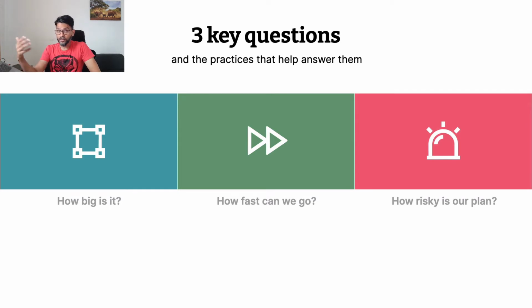So first things first, you asked how big is it? We try to address it using relative sizing. The second question, how fast can we go? We try to play a game, or we go through an activity called the velocity game. And that helps us get a sense of how fast we might be able to go when we're trying to solve this problem.